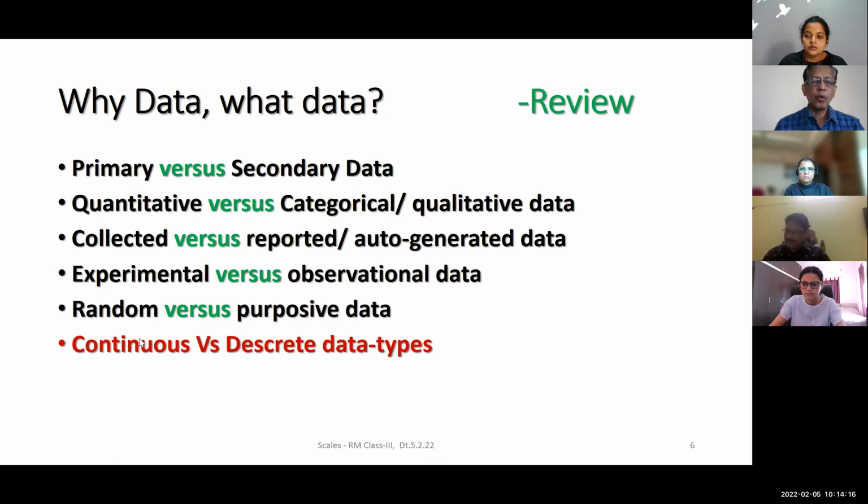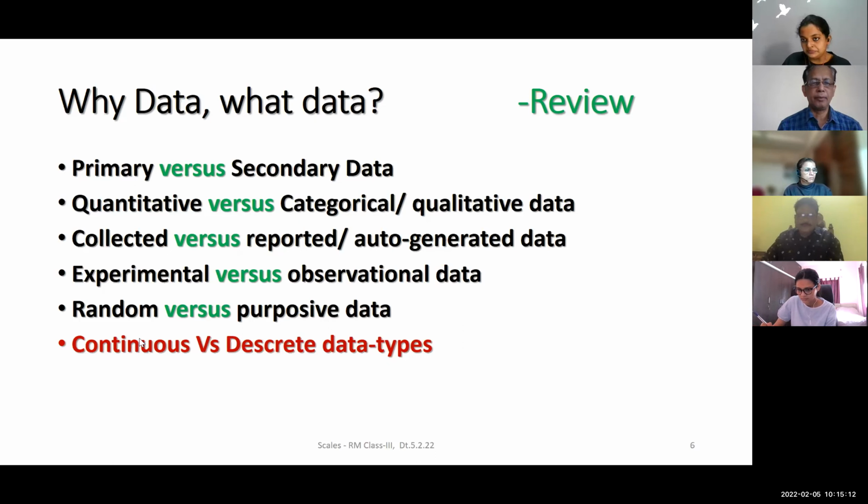Say, number of students absent today. It cannot be fractional. It is a discrete type. If I study absenteeism or number of family members, that is discrete. I think all of you, Kavita and others, have already correctly given examples. Height, temperature, income, all those are examples of continuous variables.